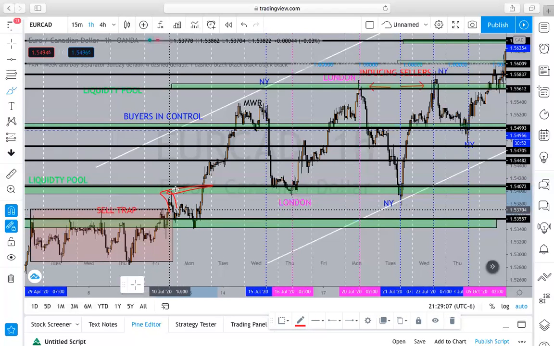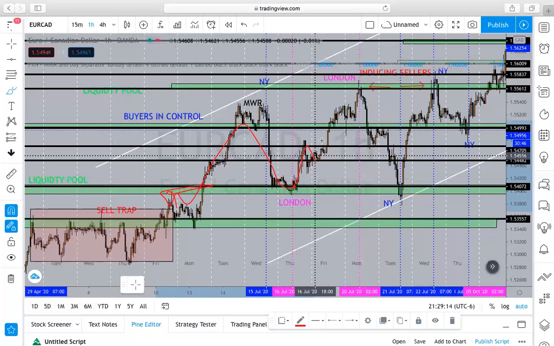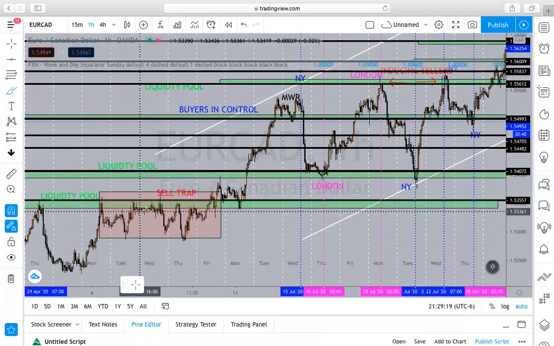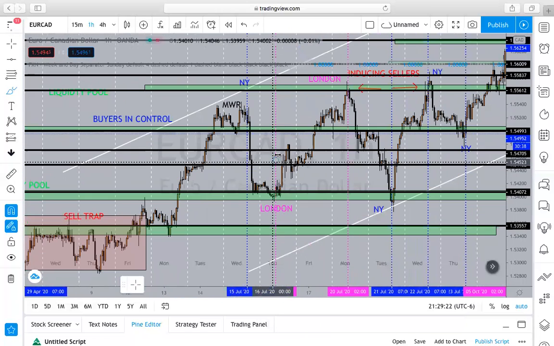After it finally came through and retested, the London session opened up our opportunity to get back in with the buyers. Who's in control, right? Remember, we just induced all these sellers, so the buyers are in control of this market. But you have to understand, the market maker is inducing buyers and sellers.